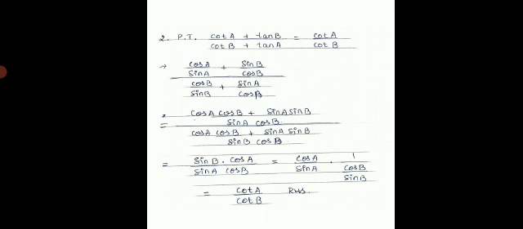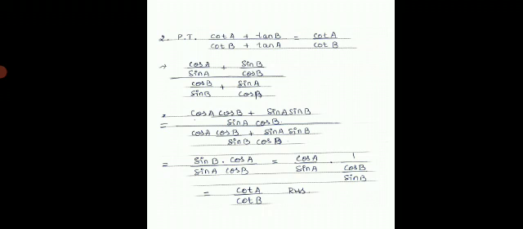Then just observe these steps, students. The numerator's numerator and the denominator's numerator have the same terms. So let them cancel. You just observe the steps properly. So they are the same, so they will get cancelled.